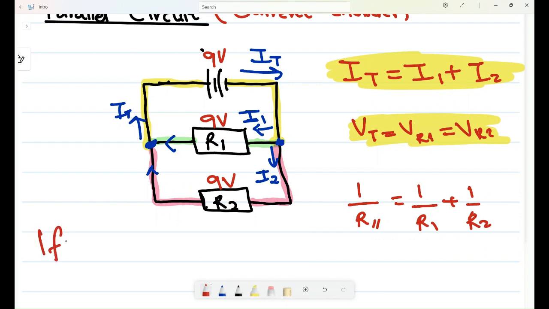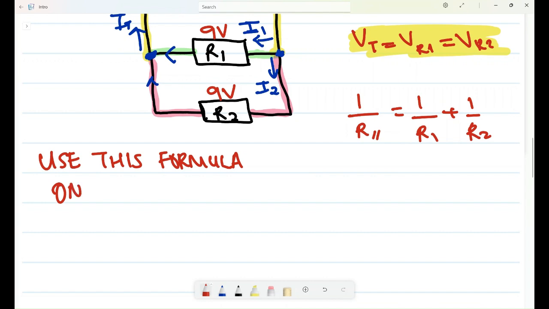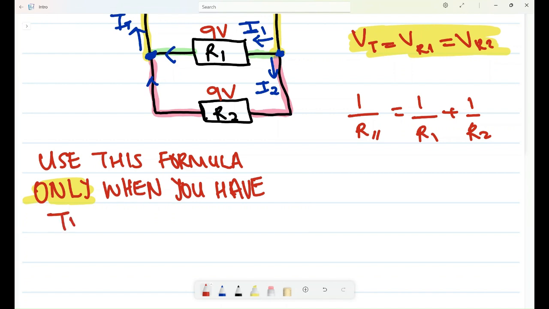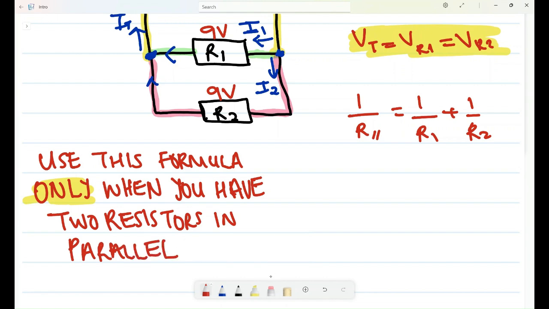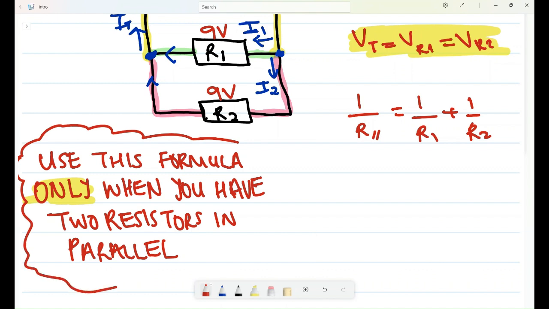But if you use this formula, I should emphasize, only when you have two resistors in parallel, there is another formula that I'm going to write for you here.